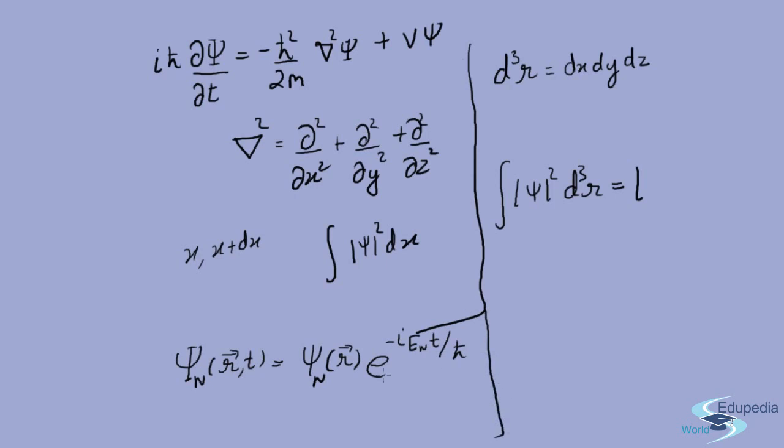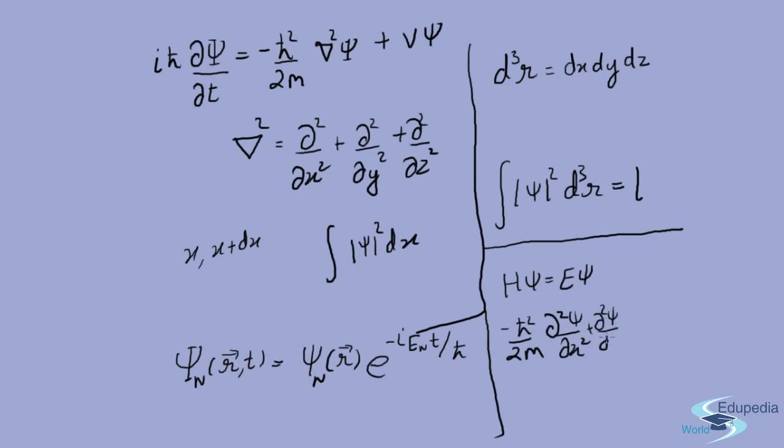So let's look at what the time independent Schrodinger equation would look like. Once again, the only difference is that instead of d squared by dx squared, we get the Laplacian, and it's still H psi equal to E psi. But H psi now becomes minus h squared by 2m times del squared psi by del x squared plus del squared psi by del y squared plus del squared psi by del z squared.